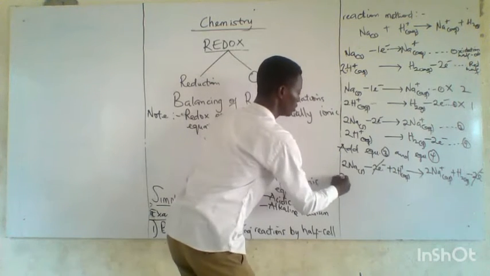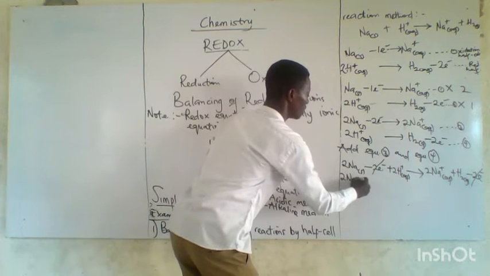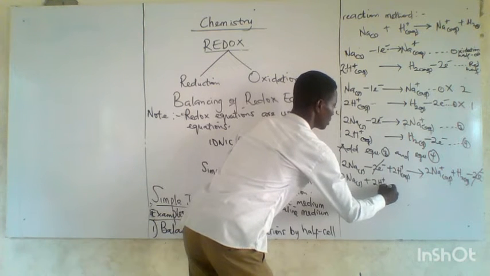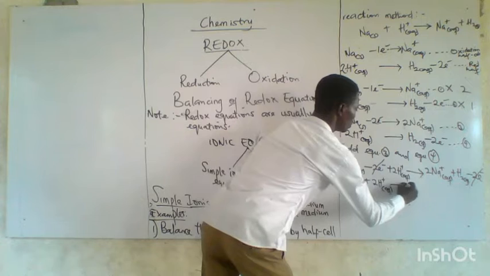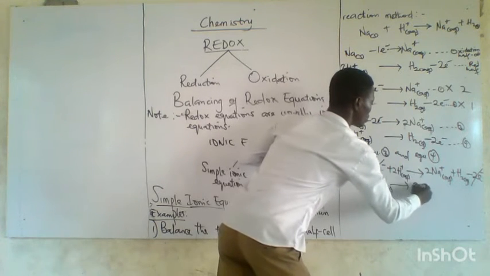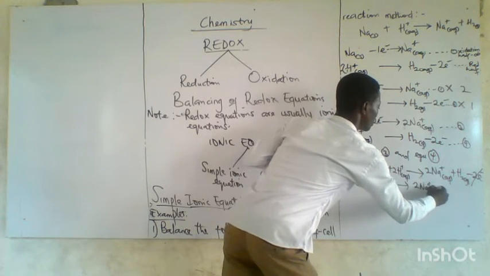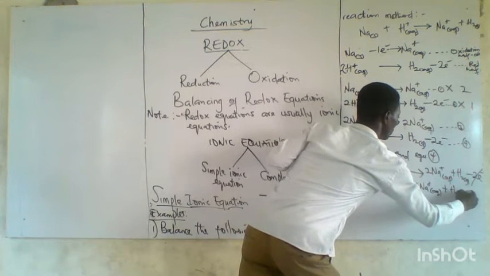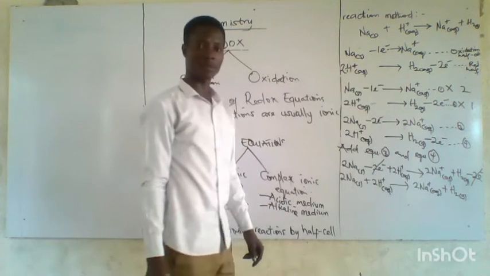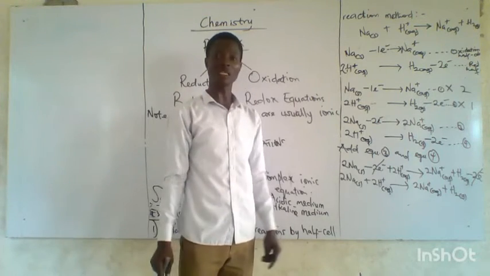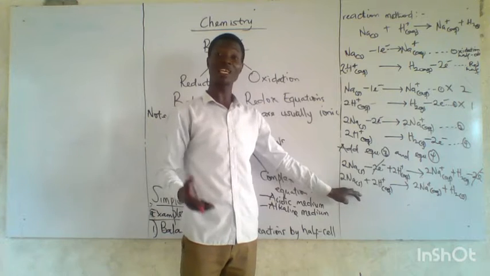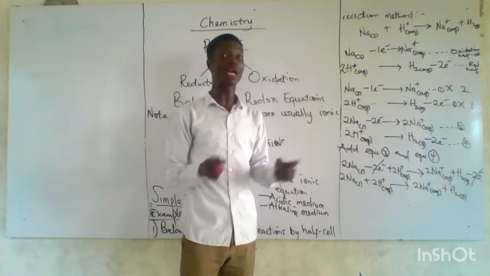So what do you have? 2Na solid plus 2H plus aqueous to give 2Na plus aqueous plus H2 gas. So having done this, I will check it atomically and ionically.